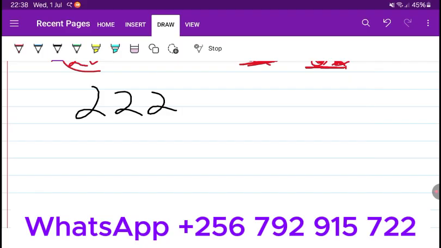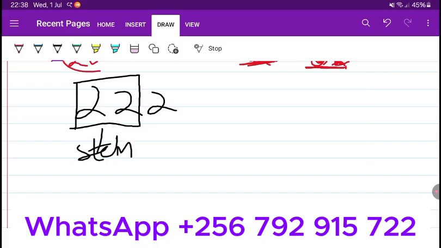In other words, we can have several leading digits, then one trailing digit. So these first two, because they are the ones leading, are the stem. Then this last digit is the leaf.